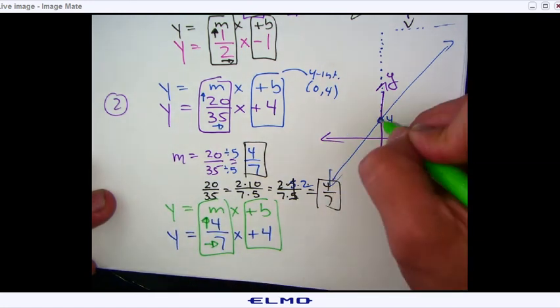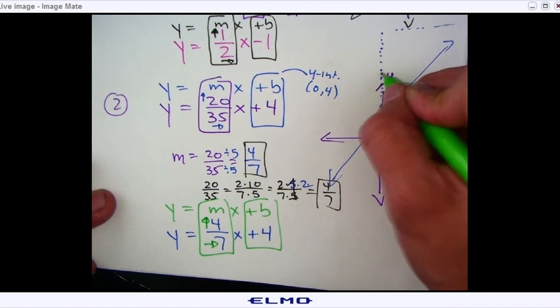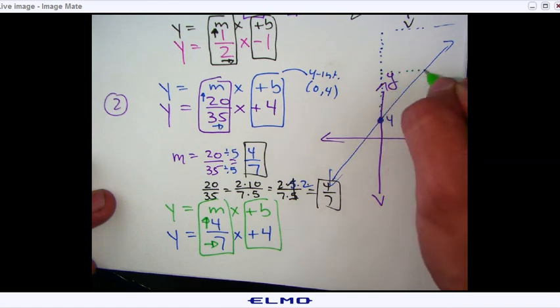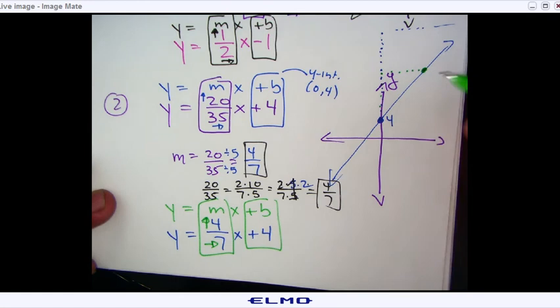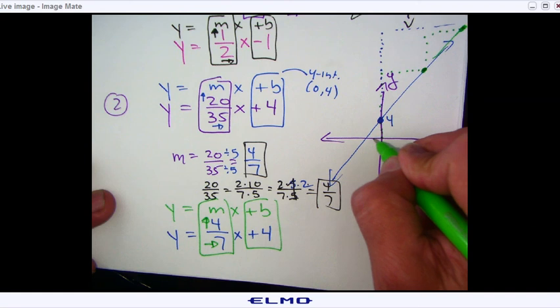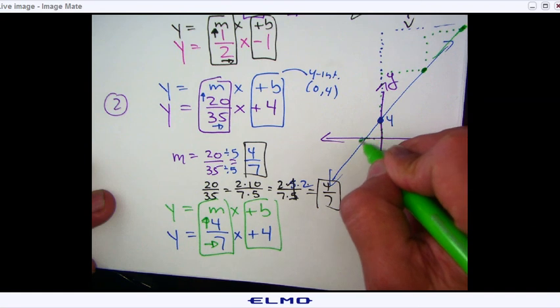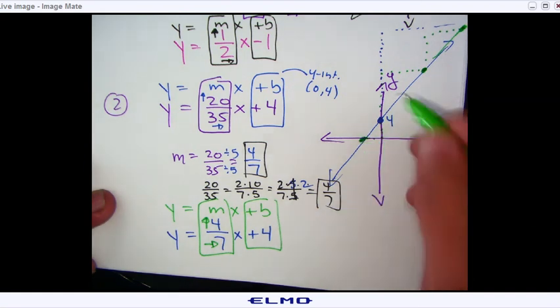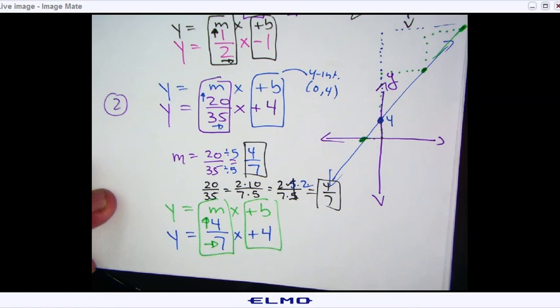So 4. 1, 2, 3, 4. 1, 2, 3, 4, 5, 6, 7. So it should be there. It should be on the line. And then negative 1, 2, 3, 4, 5, 6, 7. So it should probably be on the line, right? The line's a little bit off, but you get the idea.